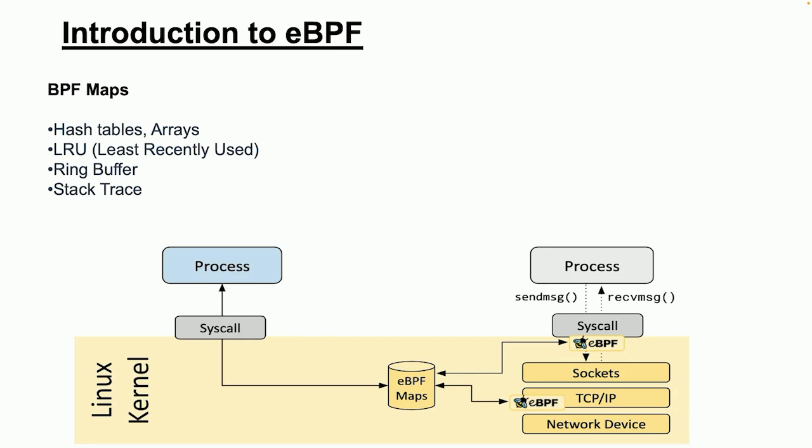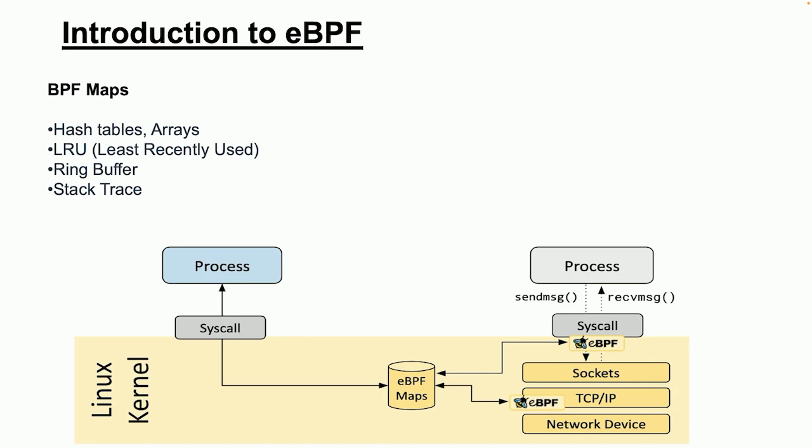So they're highly performant. Some kinds of maps I have put here; there are other maps also in eBPF. We can have hash tables, arrays, and the LRU list. Hash tables have some limit, so whenever we hit the max entries, the LRU comes into the picture and removes the least recently used entry. We can have ring buffers and stack traces to fetch the stack trace from the kernel to user space.